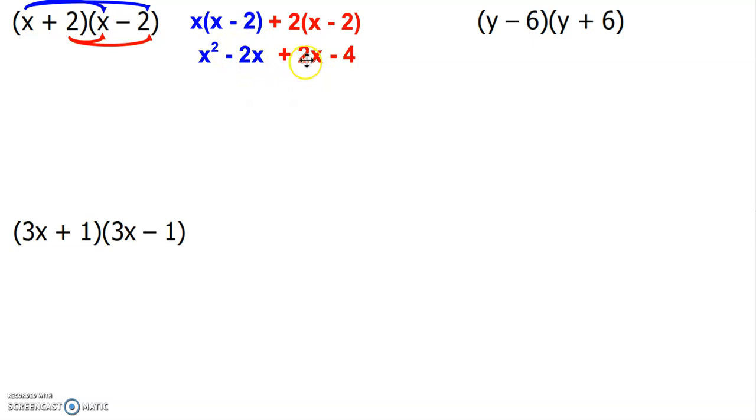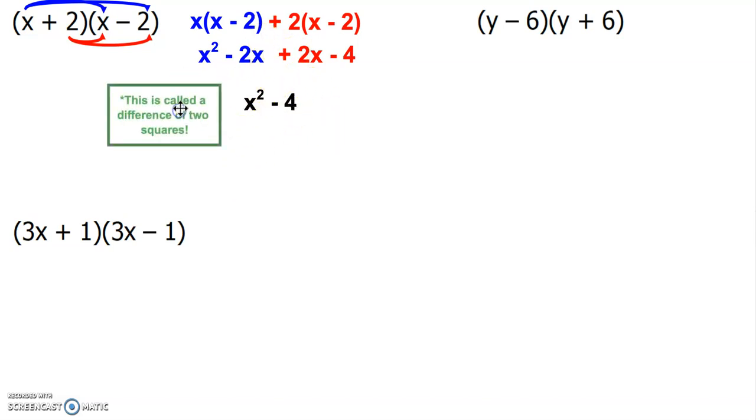We have a negative 2x plus 2x. Well, that's 0. So those middle two terms actually cancel away, and all we're left with is x squared minus 4. This right here actually has a special name. When that middle term cancels, this is called a difference of two squares. Difference because of the subtraction, and the squares because x squared and 4 are perfect squares. These other two problems are on your own.